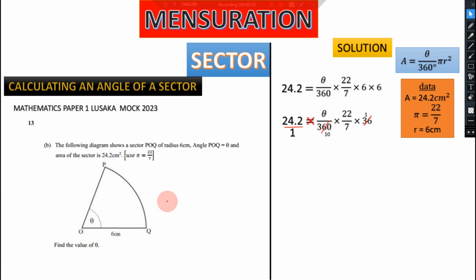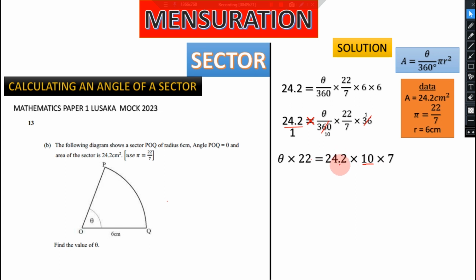Now from here, we'll multiply, so theta times 22. Because we have a 1 and a 1, they will not make any difference. So we'll have theta times 22 on the left, then on the right we'll multiply 24.2 times 10 times 7. This 10 can help us remove the decimal point.